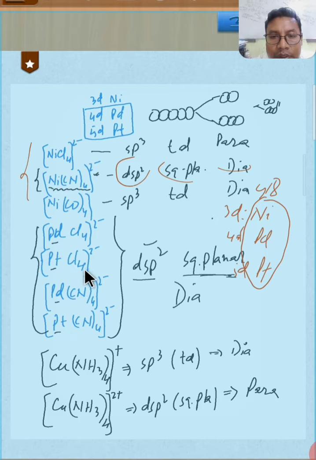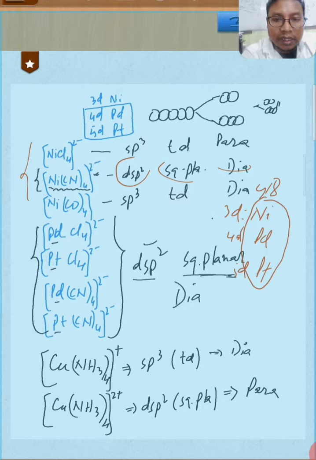But what happens here is that in case of palladium and platinum, which are 4d and 5d series, the ligands are treated as strong ligands only.